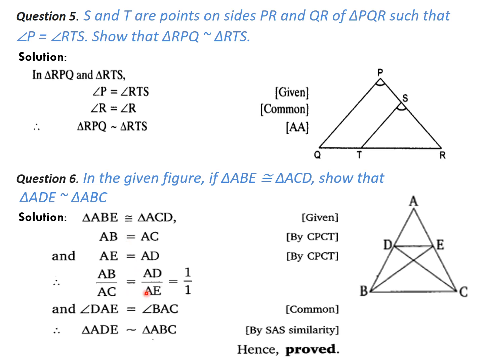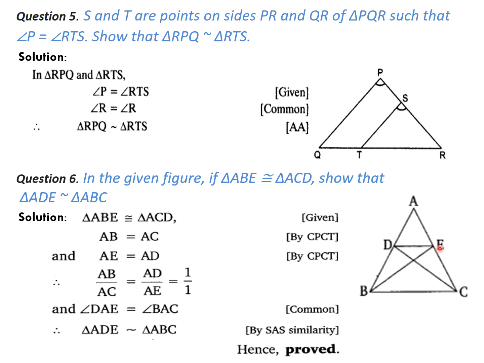If we take their ratio, what will we get? AB by AC will be equal to 1, and AE by AD will also be equal to 1. So we have written it as such. And what else do we have? The ratio AB by AC is equal to AD by AE.